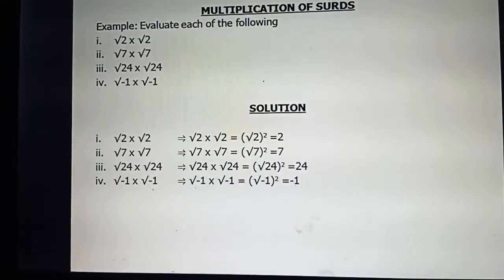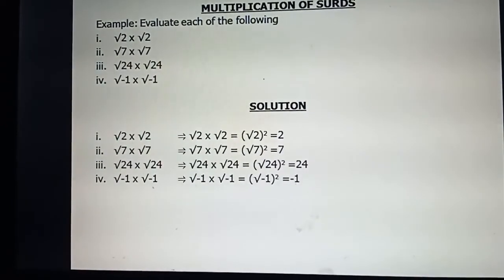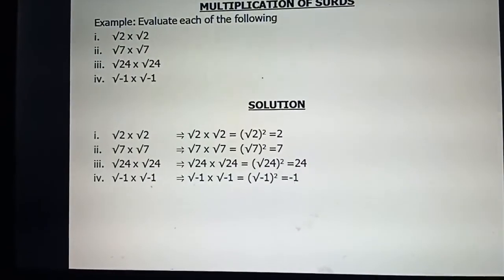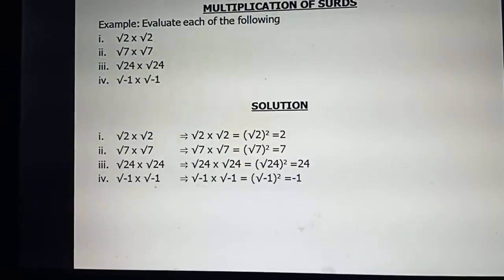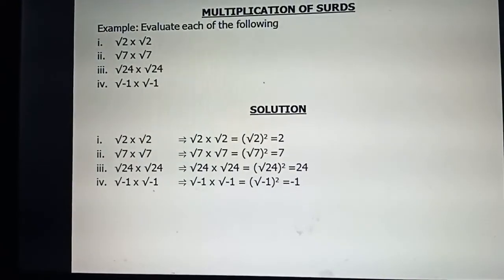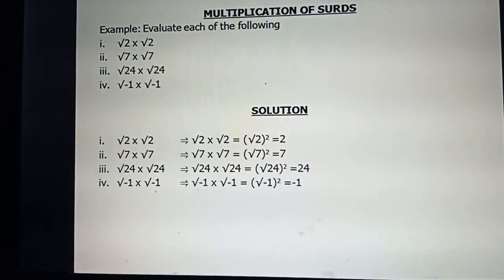Root 2 times root 2 is equal to what? It will give you square root of 2 times square root of 2. It will give you root 2 squared. Then the square cancels the square root. It will give you 2.